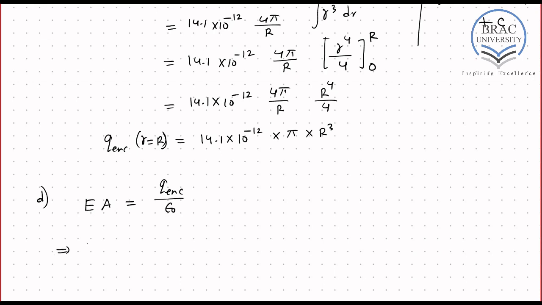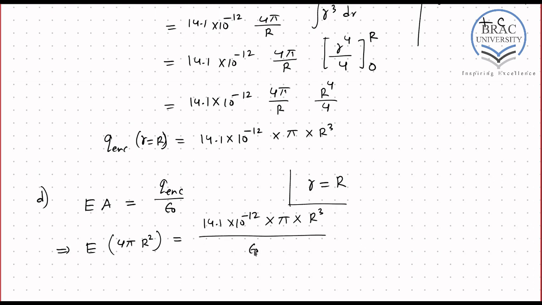Here the area is 4 pi big R squared, because this is the case small r equals big R. And the enclosed charge we have just calculated: 14.1 times 10 to the power minus 12 times pi times R cubed, divided by epsilon naught.